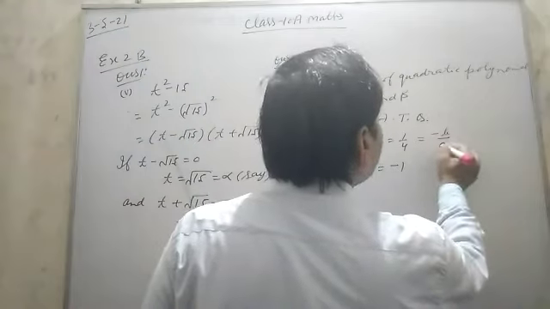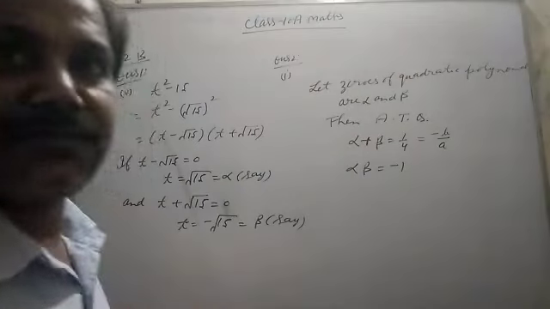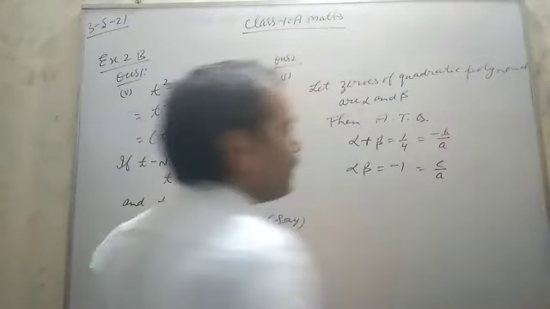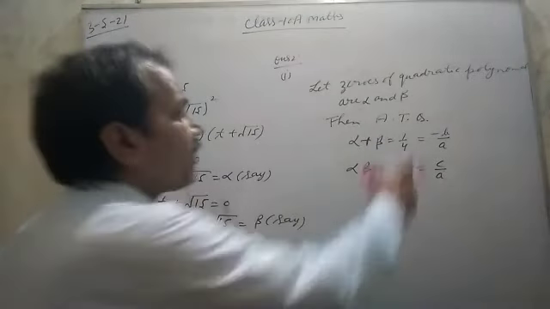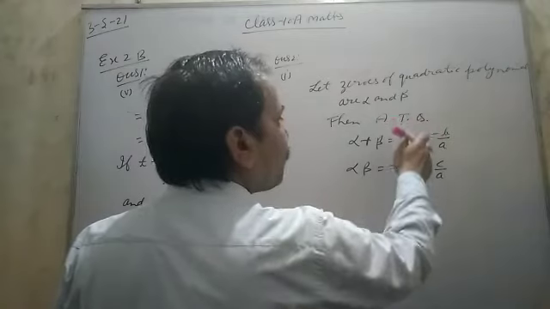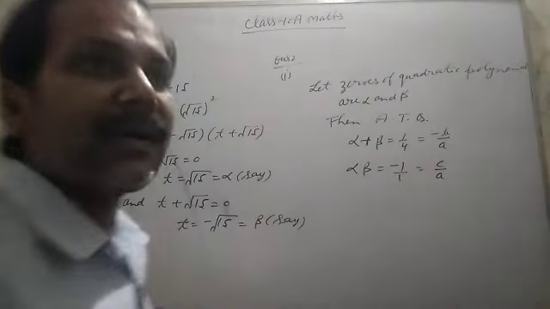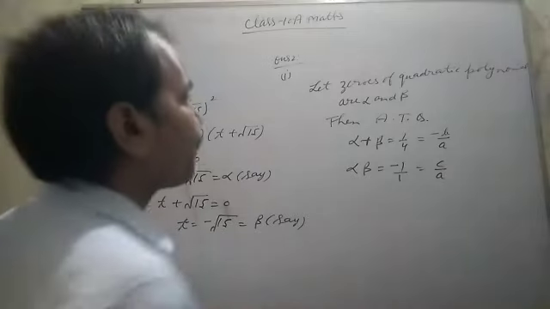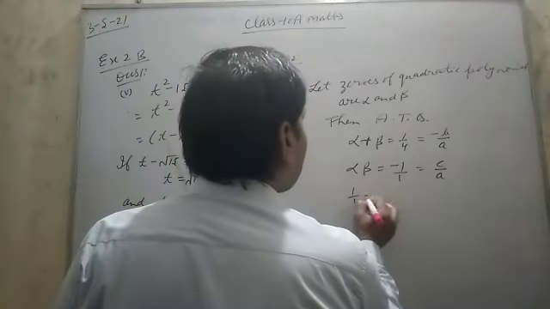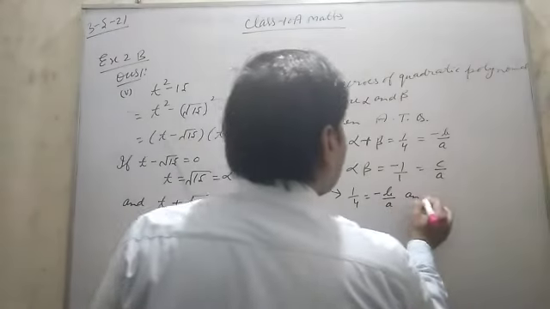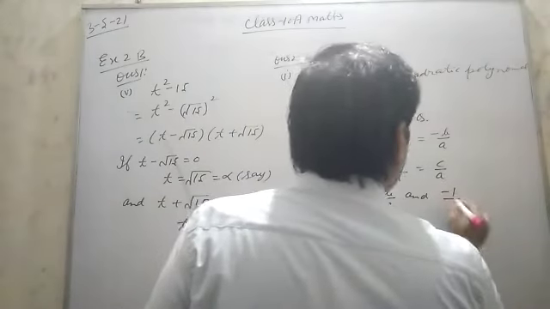that minus b by a, that is formula, and alpha beta that we know c by a. So here minus b upon a is equal to 1 by 4 and here minus 1 also we can write minus 1 upon 1. Okay, so write here 1 upon 4 is equal to minus b upon a and minus 1 upon 1 is equal to c upon a.